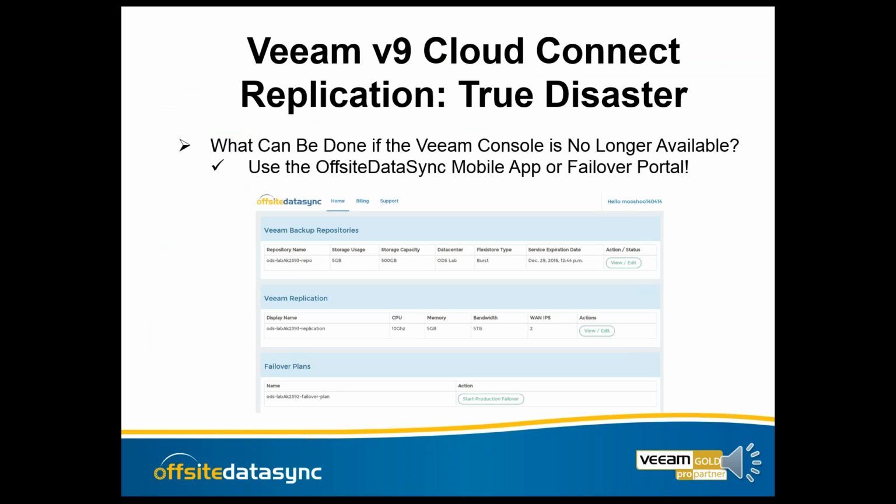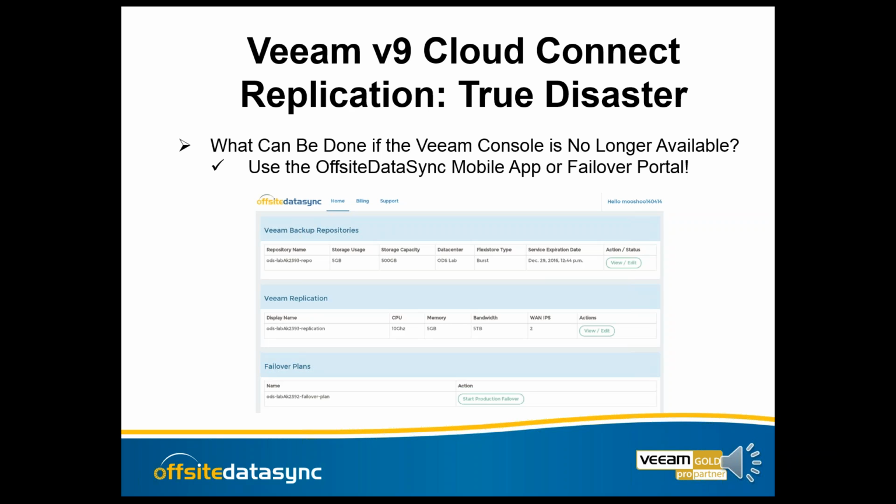So what Brad showed you was a partial failover. There is also the instance where there could be a full site failover. Essentially what that would indicate is there is some kind of catastrophic event, a crater in the ground where your office used to be, and of course that begs the question of how do you fail over if you don't have access to the Veeam console? And the very simple, easy answer is you have some sort of web-enabled device, whether it's a phone, a browser, someplace, any place really.